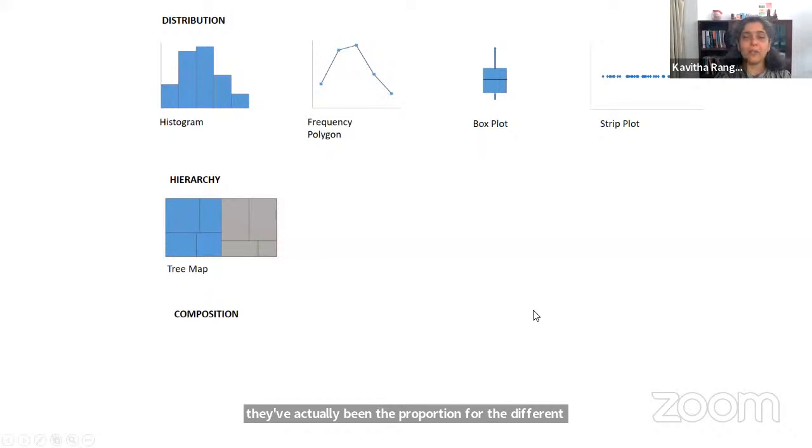And finally, we have something called composition, or part to whole, which is how certain elements relate to the whole. So for example, I have a classroom, and what is my split by gender? That would be a composition. Or, as you can see, ice cream comes up a lot in my examples.